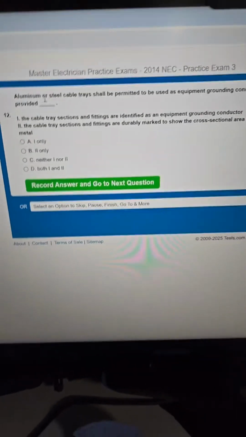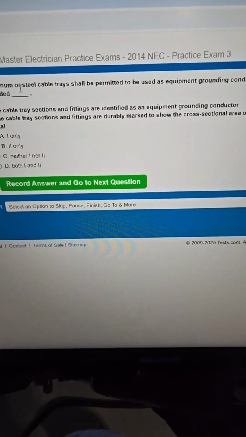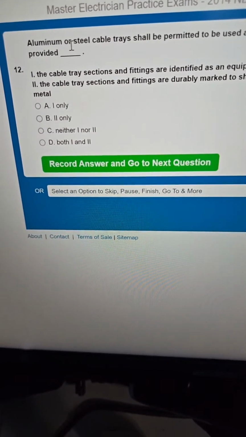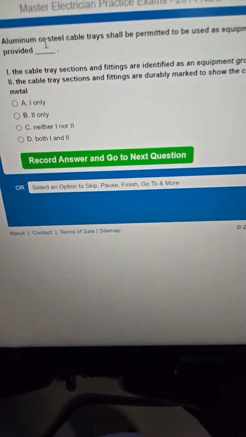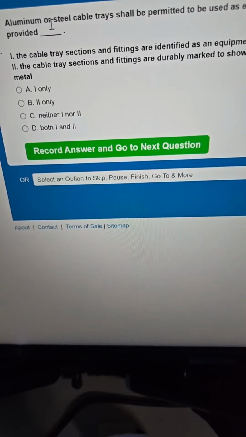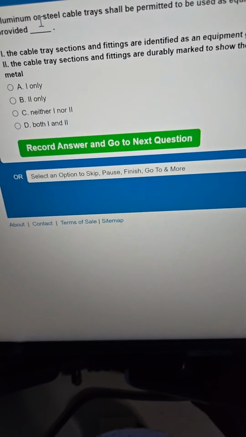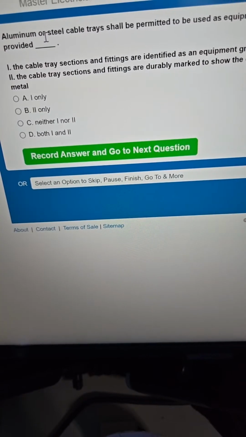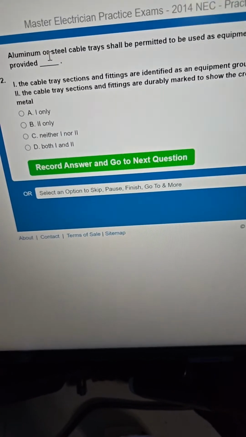Aluminum or steel cable tray shall be permitted to be used as an equipment grounding conductor provided. Okay, this one's good. The cable tray sections and fittings are identified as an equipment grounding conductor. The cable tray sections and fittings are durably marked to show the cross-sectional area of the metal. True, that's a good question. I would accept both, personally.